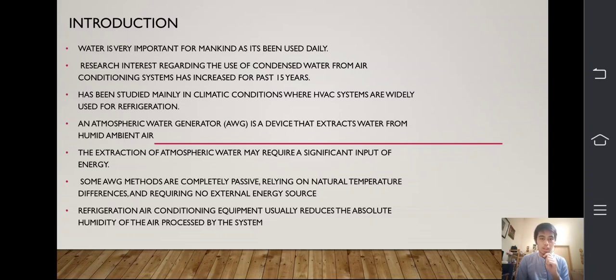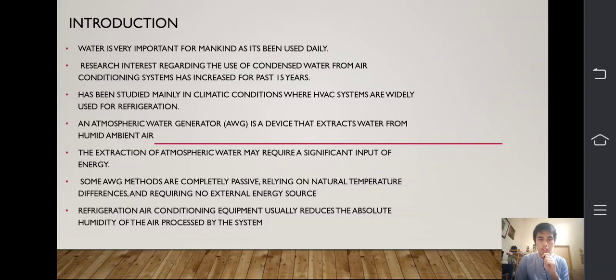Research interest regarding the use of condensed water from air conditioning systems has increased over the past 15 years. Scientists have studied it mainly in climatic conditions where HVAC systems are widely used for refrigeration.